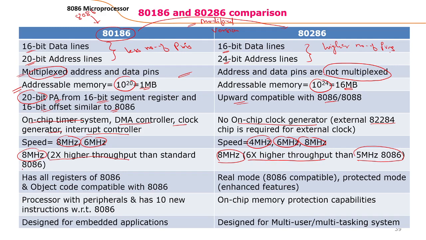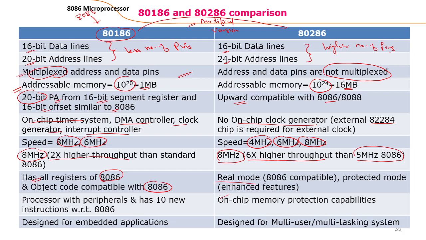The 80186 has all the registers available in 8086, and it is also object code compatible with 8086. So the codes of 8086 are compatible with 80186. 80286 basically works in two different modes. One mode is real mode.